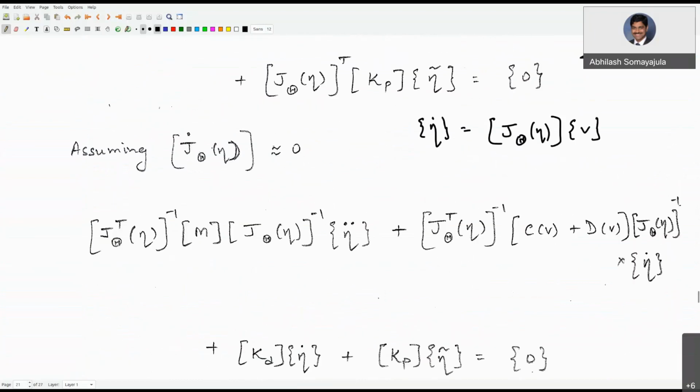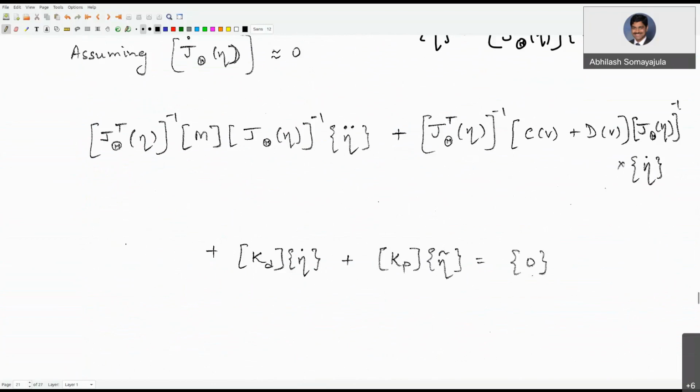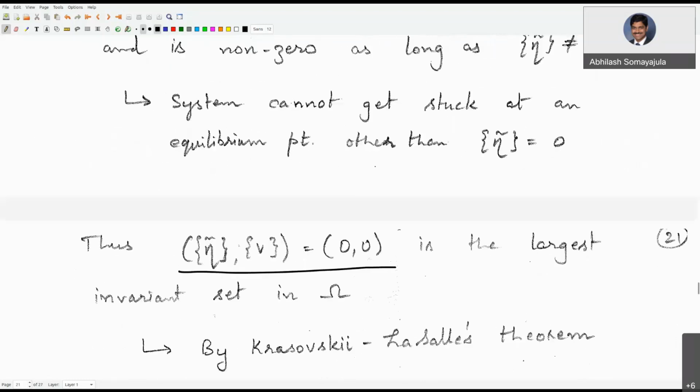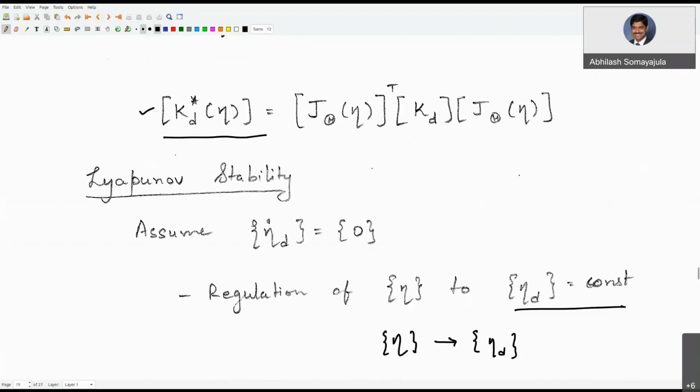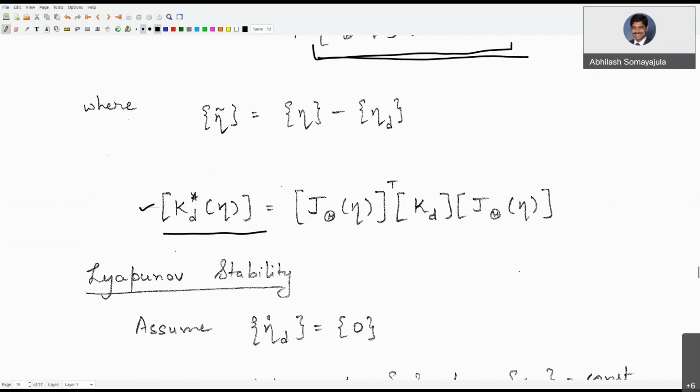So when I multiply by that entire thing, this is what we got: J inverse M times J transpose inverse times M times J inverse times eta double dot plus J transpose inverse times C plus D times J inverse times eta dot, and I've separated out the KD term, because remember KD star was nothing but this fellow.